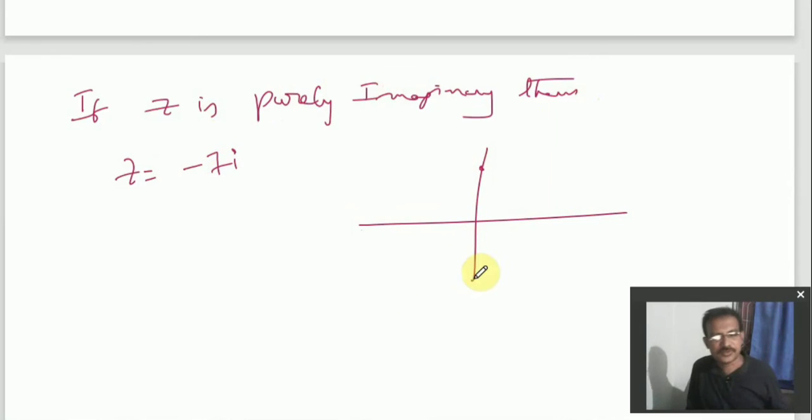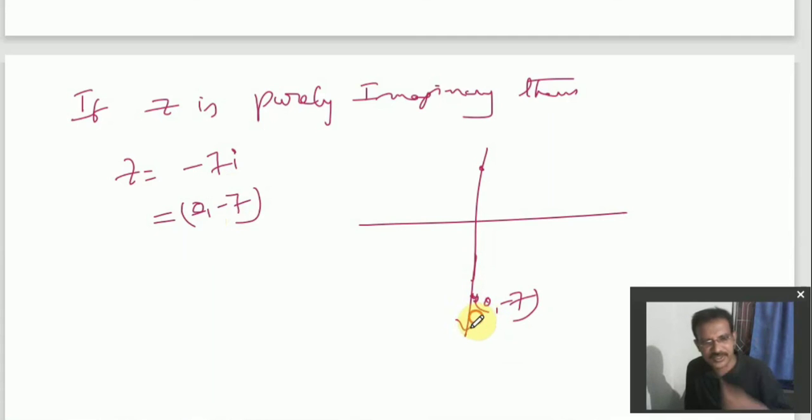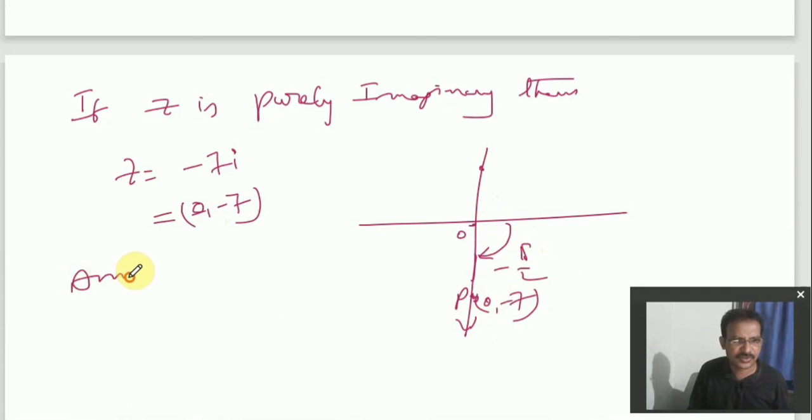Minus 7i means here 0 comma minus 7. Its corresponding Argand point is 0 comma minus 7. This lies on the negative imaginary axis. So the angle of OP, the radius vector, with the real axis in the negative direction is minus pi by 2. Therefore the amplitude for this number is equal to minus pi by 2.